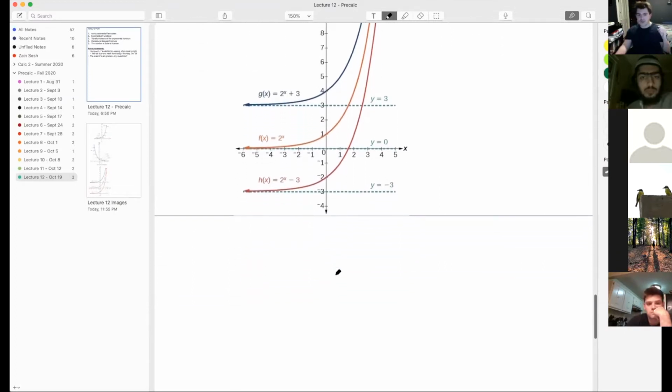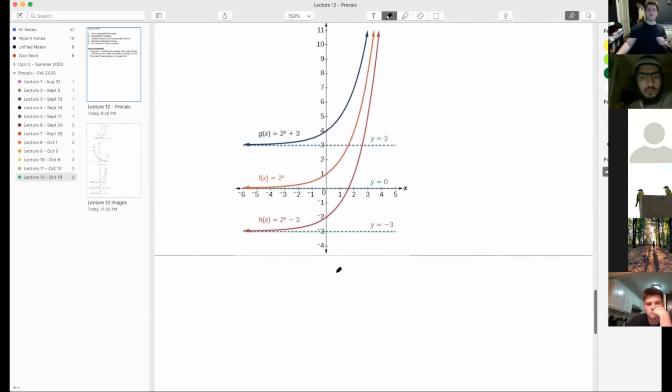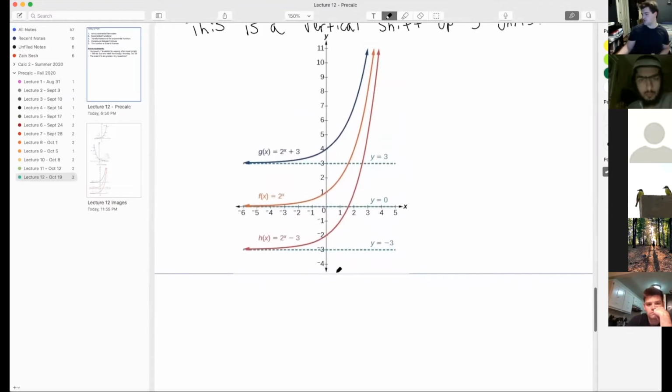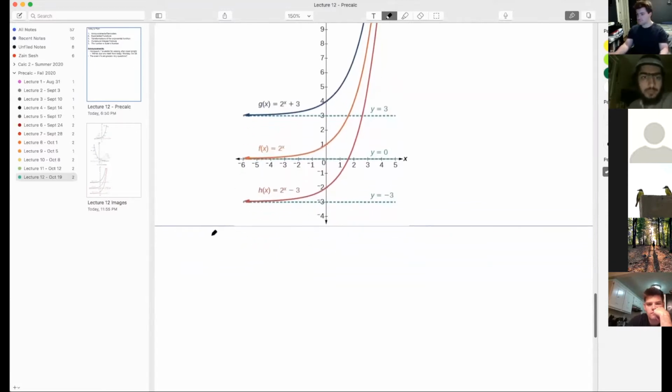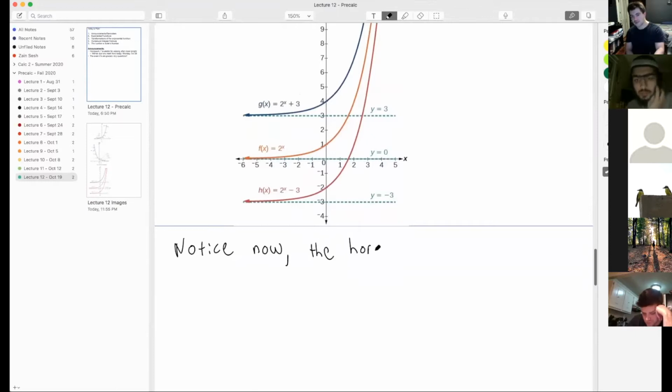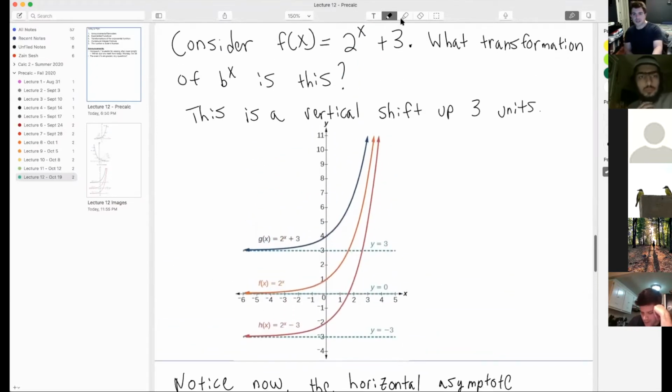There are some properties of the function that do change when you do a vertical shift. The horizontal asymptote changes and the range changes. Notice now the horizontal asymptote, look at 2 to the x plus 3.